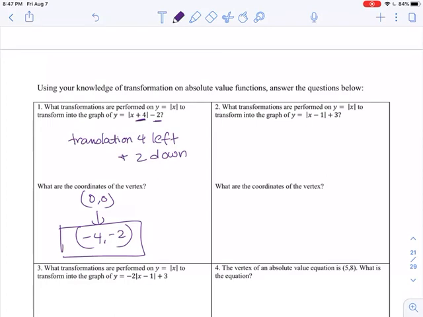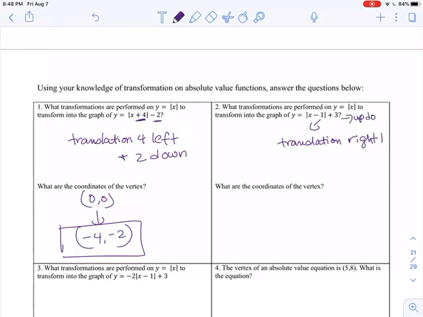All right, what transformations are performed on y equals absolute value of x to transform into the graph y equals absolute value of x minus 1 plus 3? So this negative 1 is a translation of 1 to the right, and this 3 is a translation up-down, right?